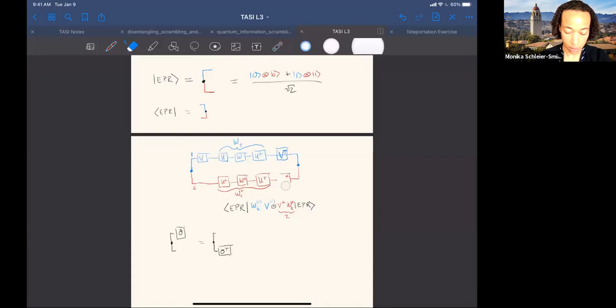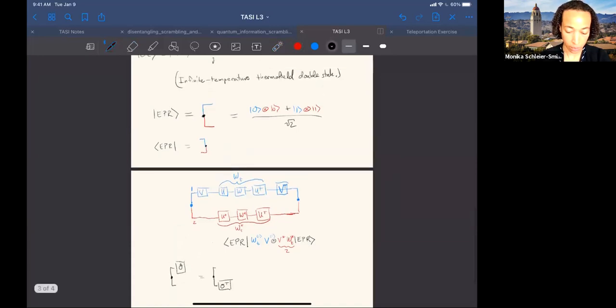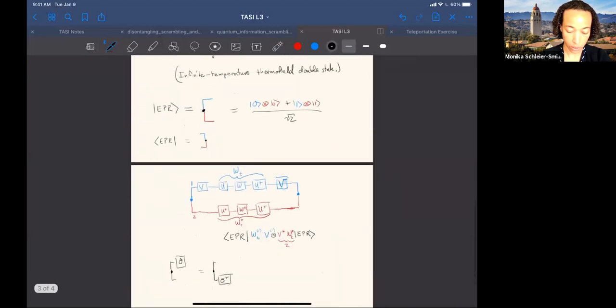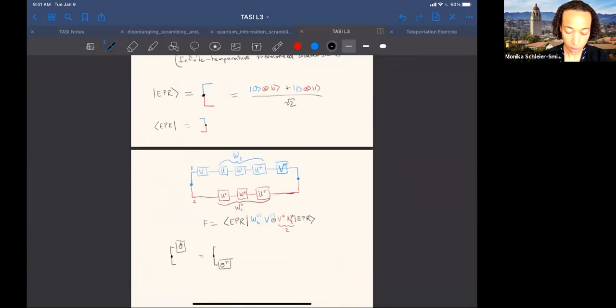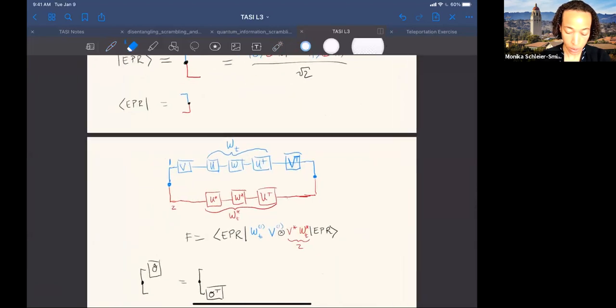Let's just simplify that. So this would be another way of measuring. This, if we wrote it down before, we call this function f. Equivalently put the transpose, sorry, the Hermitian conjugate up here.